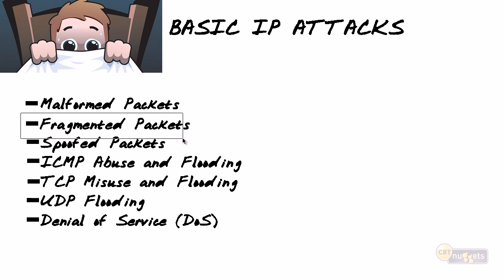You have fragmented packets. As you probably know, when an IP packet goes from one network to another network that has a different MTU size, a different maximum transmission unit, either because you're adding encapsulation to it or you're doing some other type of physical network, for example, from an FDDI ring to an Ethernet, you'll have to fragment the packets, take the larger packets and break them up into smaller IP packets.